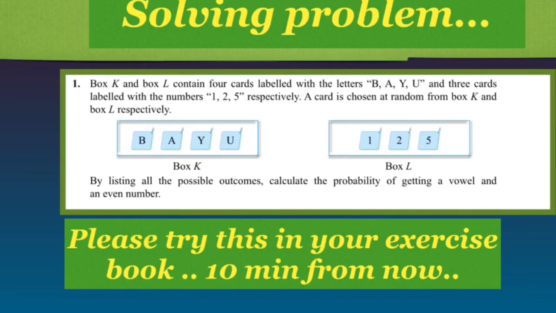By listing all the possible outcomes, very important sentence, listing, you have to list out all the possible outcomes. Calculate the probability of getting a vowel and an even number. And it's very important. So please try this in your exercise book. Okay, I give you 10 minutes to try. Okay, good luck.